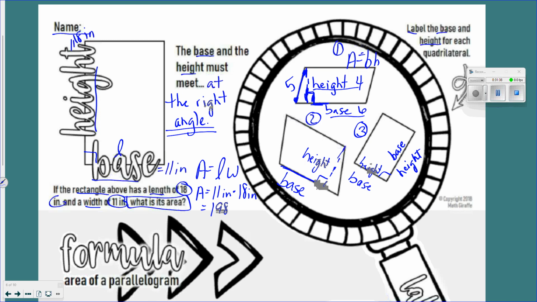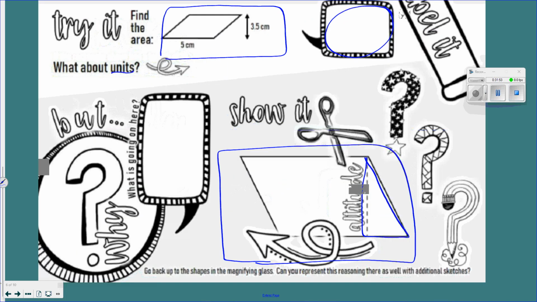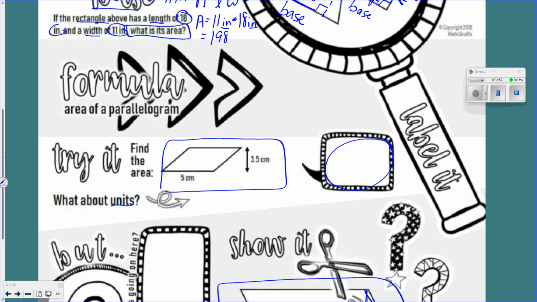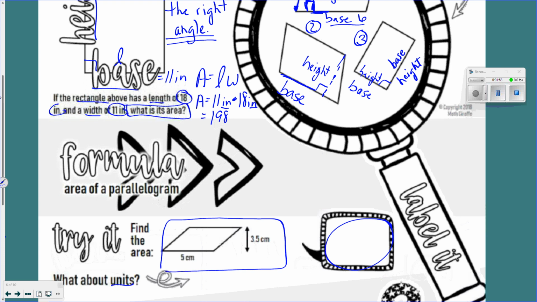And here's one of the most important pieces. Because we are dealing with area, I have inches times inches. How do I write that? Inches times inches is? Inches squared.